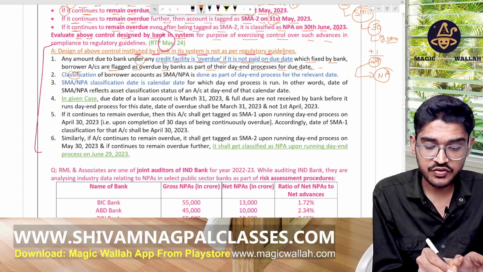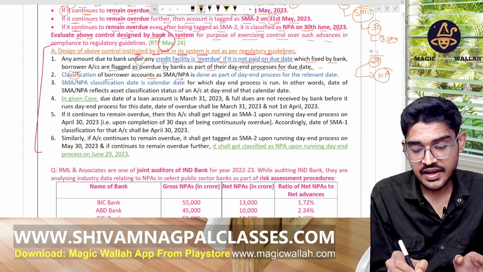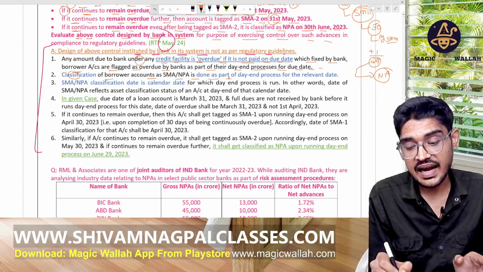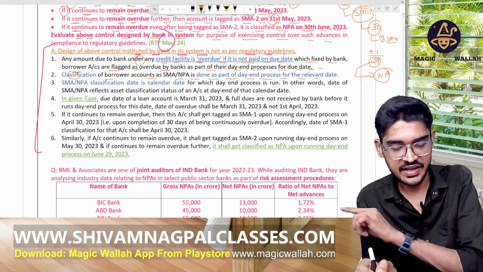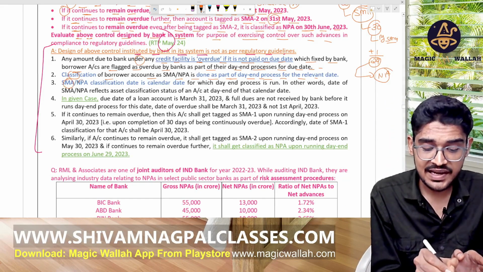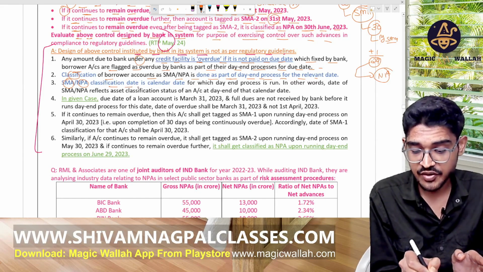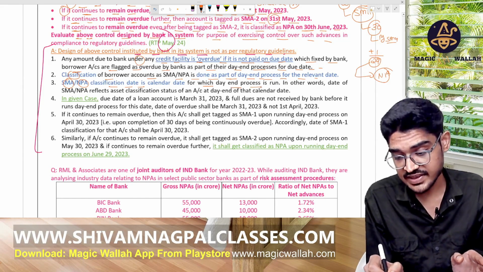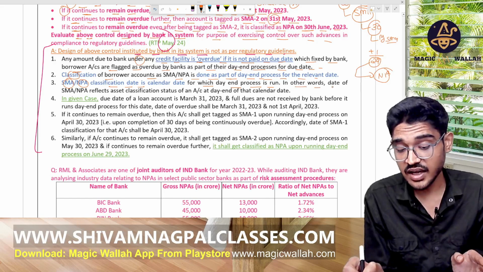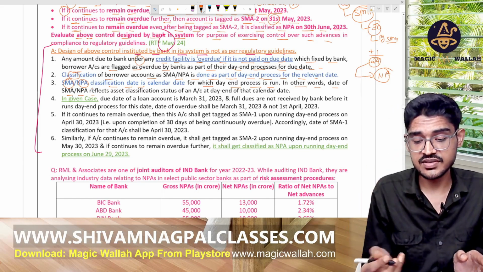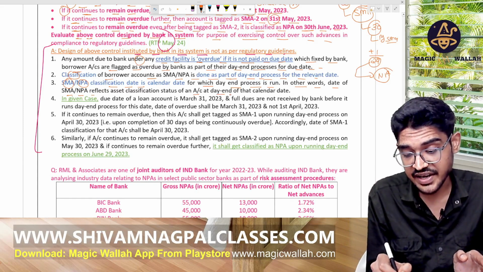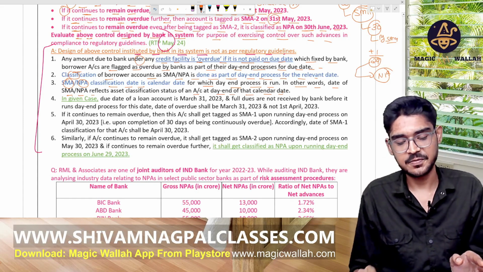Classification of the borrower account as SMA or NPA is done at the end of that day, not on the next day. So the SMA NPA classification date is the calendar date for which the day end process is run. In other words, the date of SMA NPA reflects the asset classification status of an account at the day end of the calendar date.